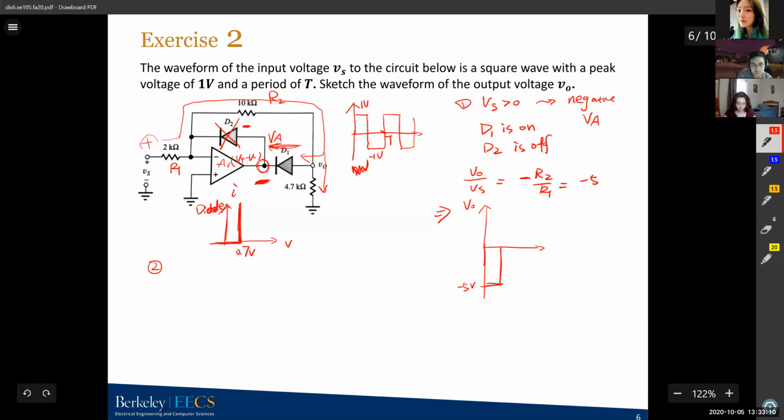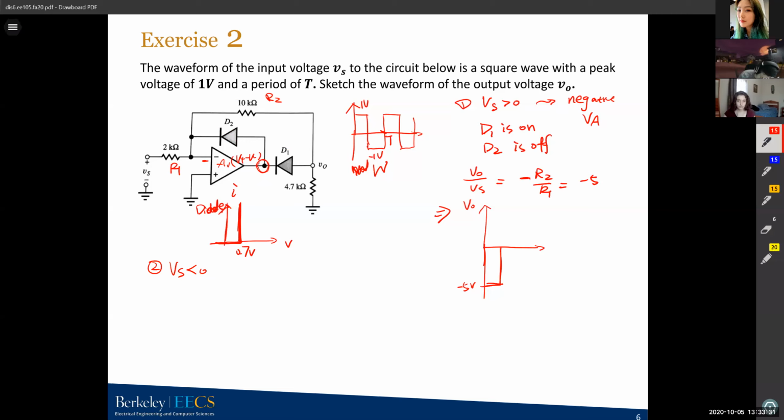For the second region, we consider Vs less than 0. If we have a negative Vs here, then our output, AV times V plus minus V minus, will be positive.